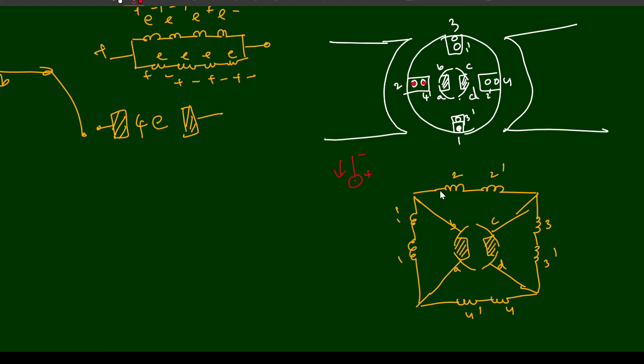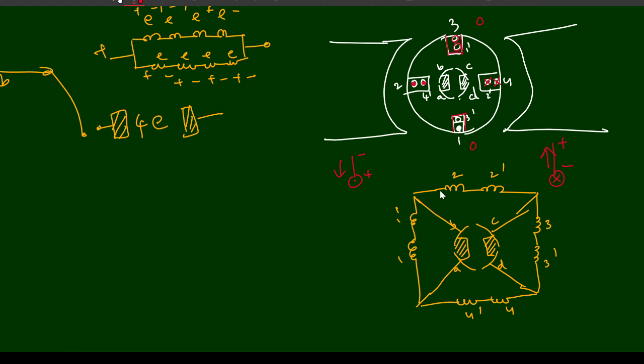Here it is cross, that is EMF is going inside, and this is plus and this is minus. But whereas in the conductors placed in slots 3 and 1, what are the EMFs at this point of juncture? It is 0.